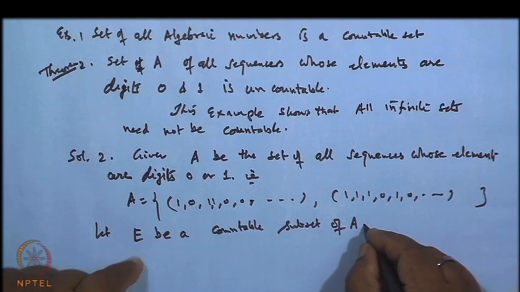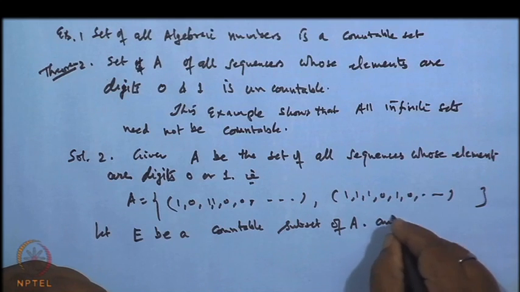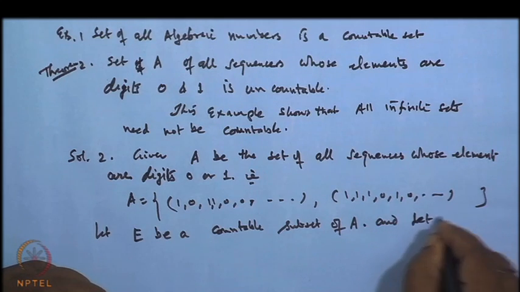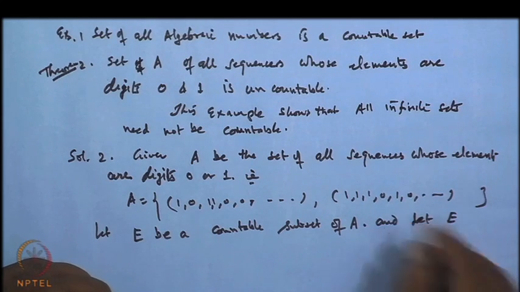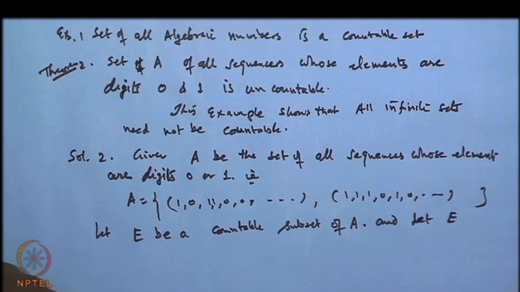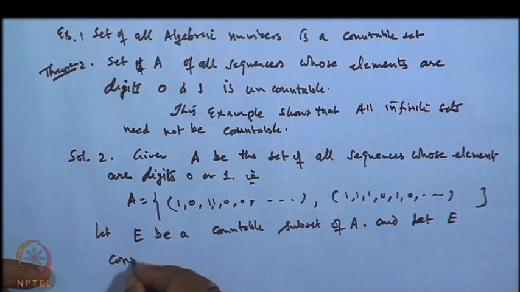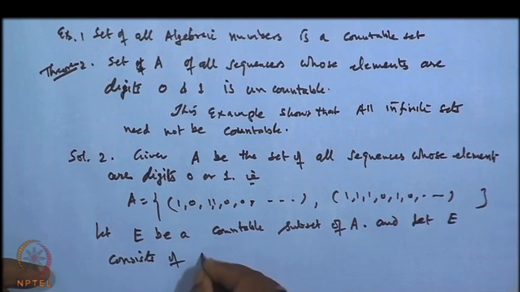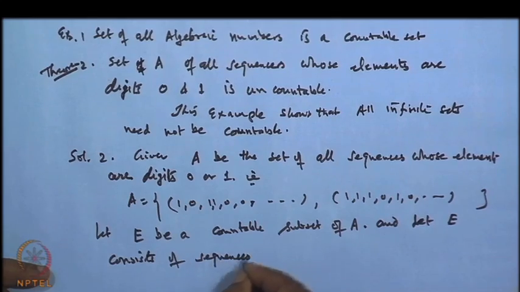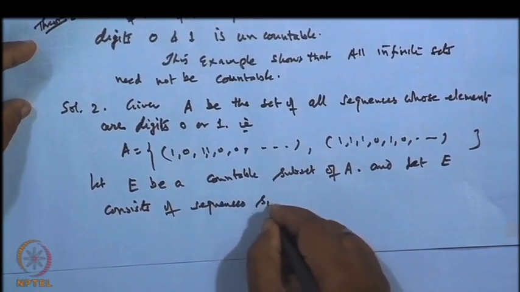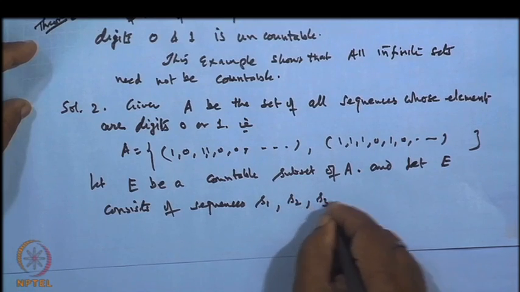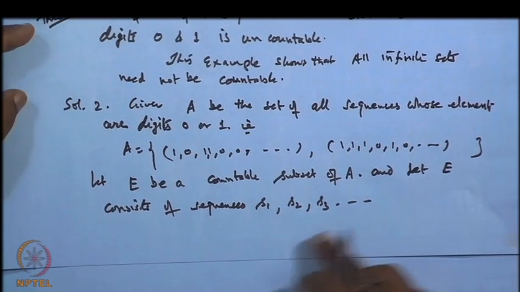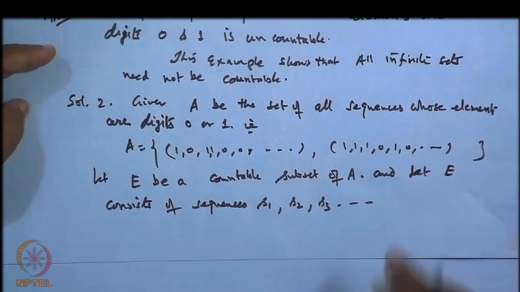So, let E consist of the sequences S1, S2, S3, and so on, because this is countable. So, we can arrange the elements in this form.